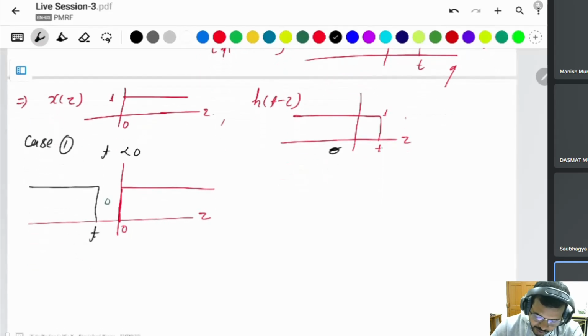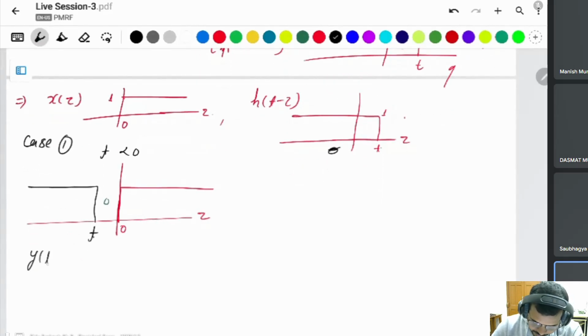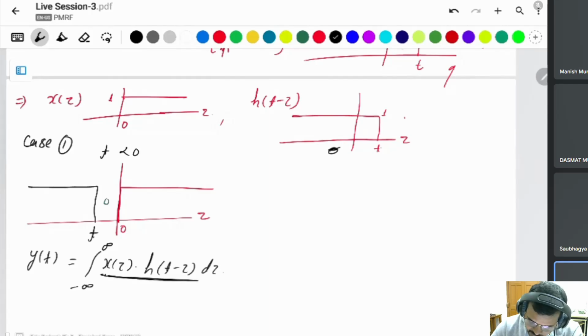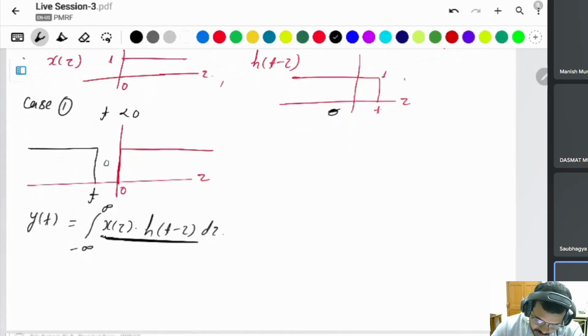Then what is y(t)? y(t) is the integration from minus infinity to infinity of x(τ) h(t − τ) dτ. The multiplication of these two is 0 here because there is no overlap. The multiplication of this one is also 0. Then y(t) equals 0 for t less than 0.